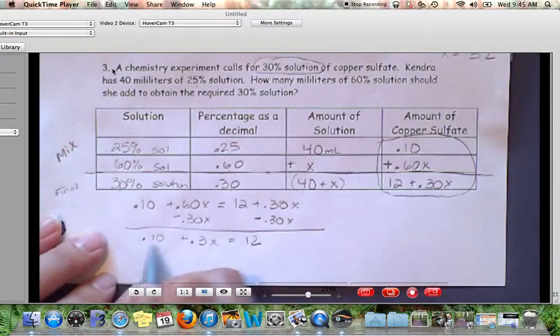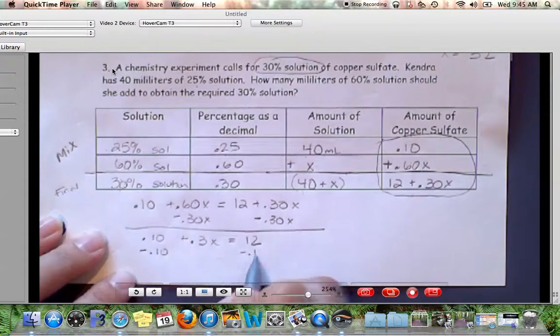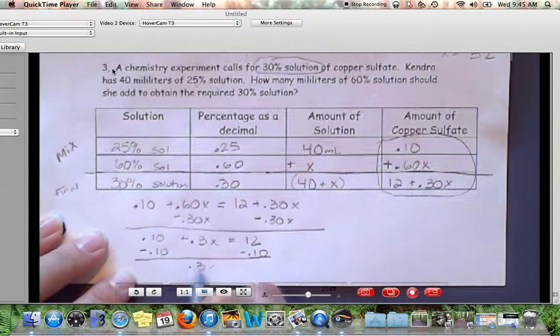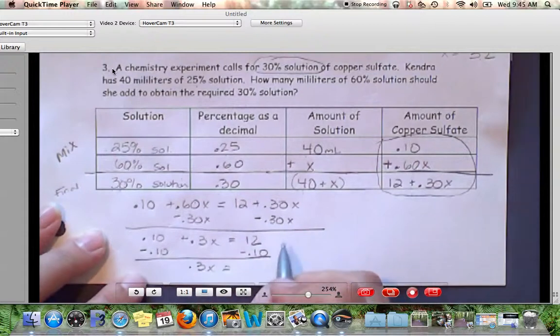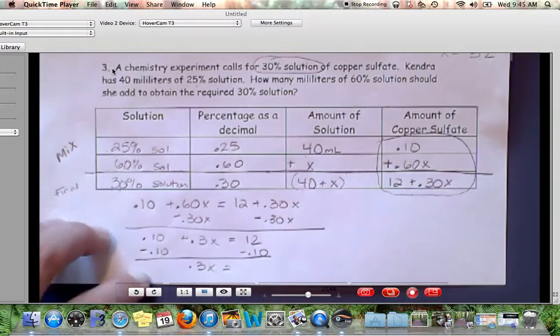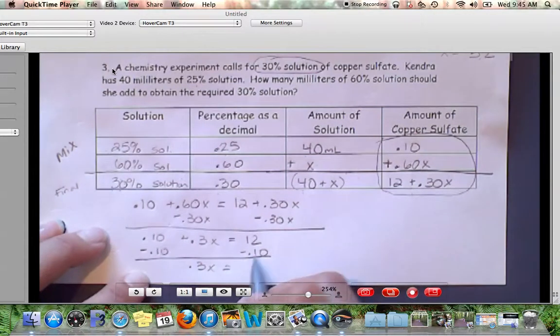Now we need to move this 0.10 over, so we subtract 0.10 minus 0.10, and we get 0.3x equals 12 minus 0.10, which should be 11.9.